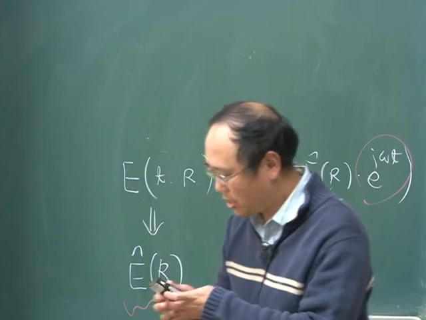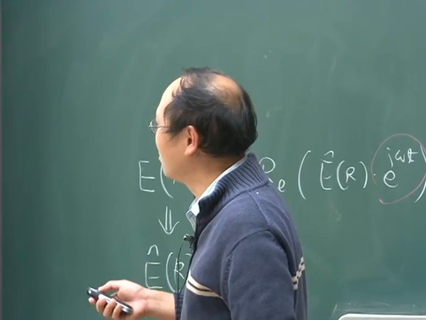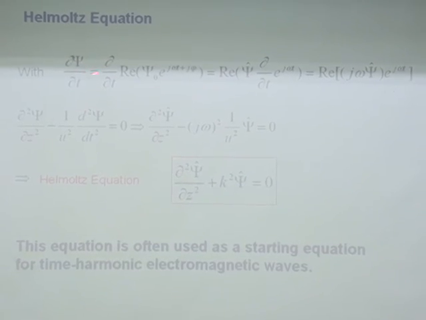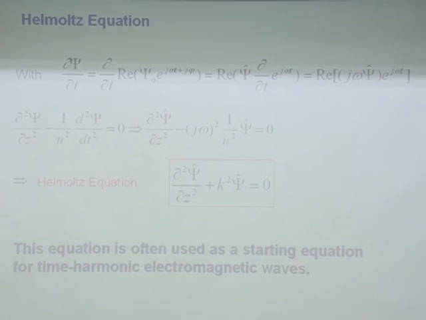Okay, so let me just use one example to sort of tell you how to do Phasor calculation. Well, suppose that you have some amplitude. This amplitude is a function of time and also the position and also some phase. Okay, so definitely you can create a Phasor from this amplitude.